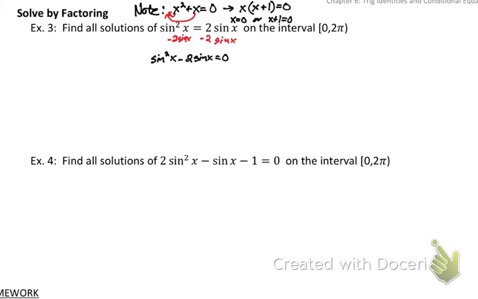Rather than pulling an x out front, I'm going to pull out the entire sine x. That's going to now give me sine x times, when I have sine squared x and I divide sine x out of it, I'm left with sine x, minus 2 is correct.